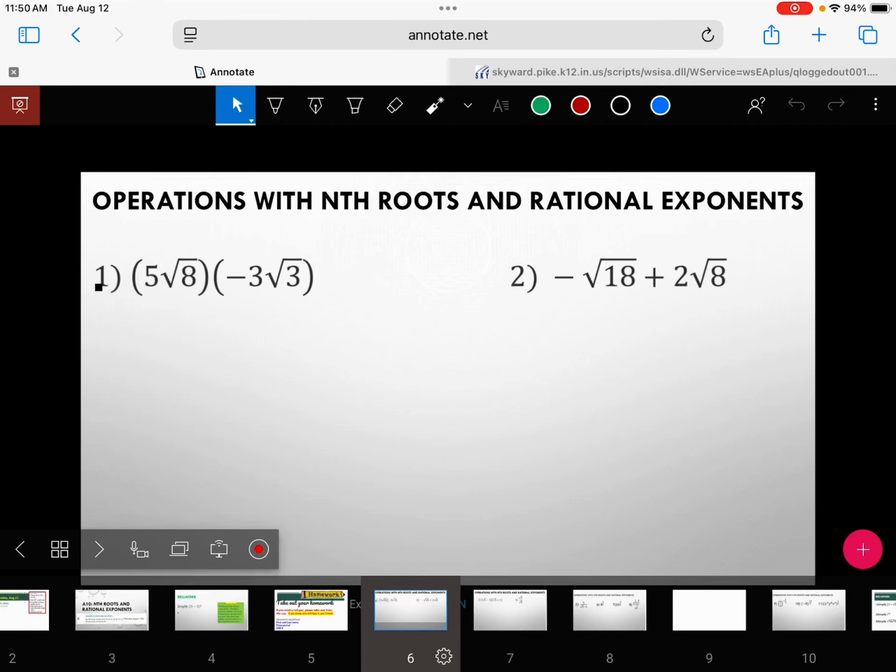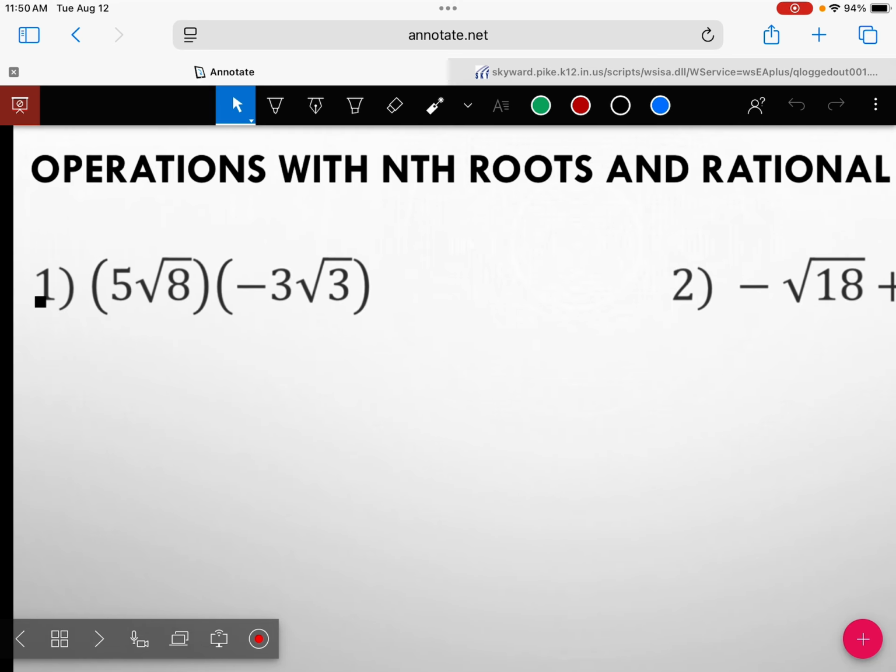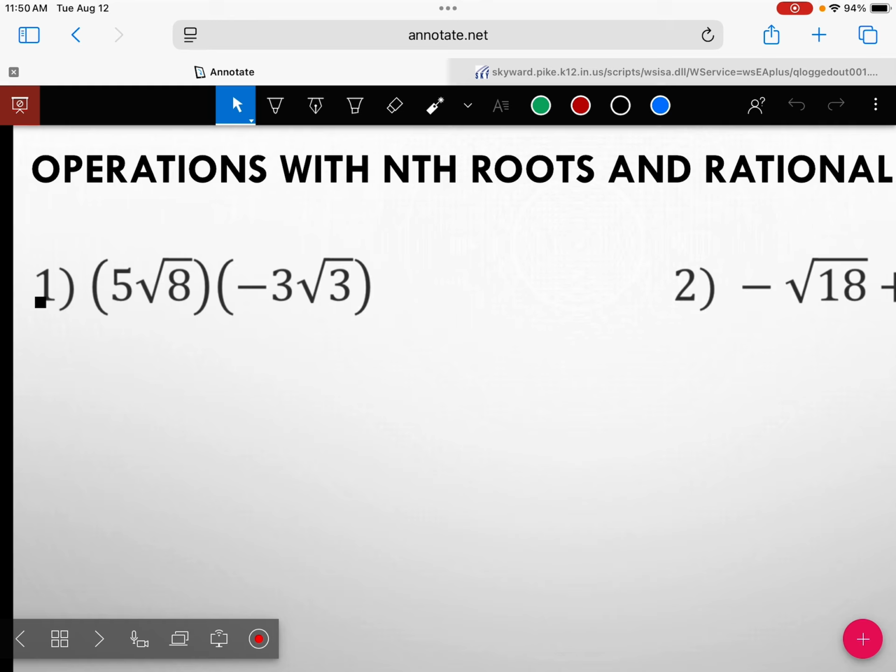You can multiply numbers and you can multiply radicals. You just can't add radicals. So for this one here, we had 5 root 8 times negative 3 root 3. We can multiply these two numbers, and you can multiply these two numbers.